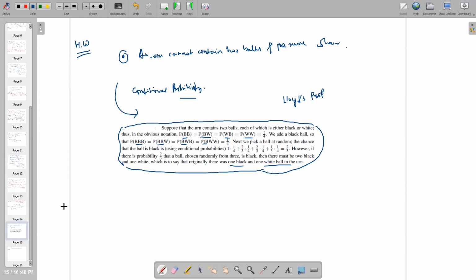Okay. So have you guys heard of the Monty Hall problem? Yes, sir. Okay. Has everyone heard of this problem? Okay. So try to find this. Just wait a second.